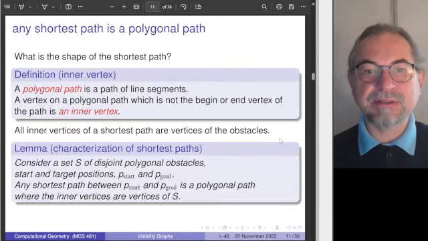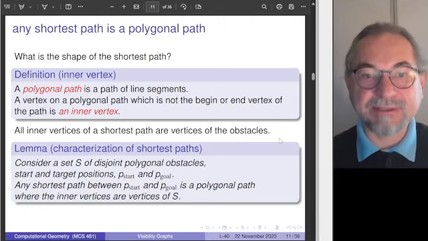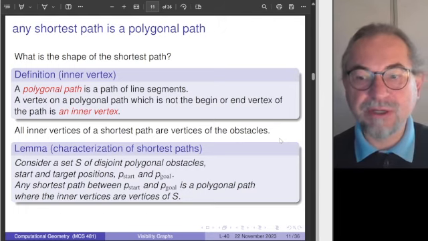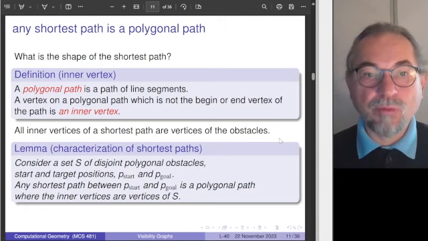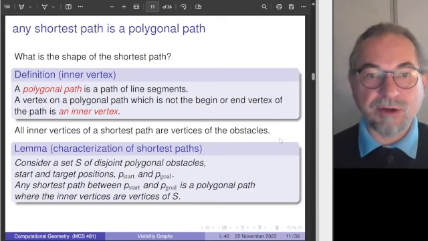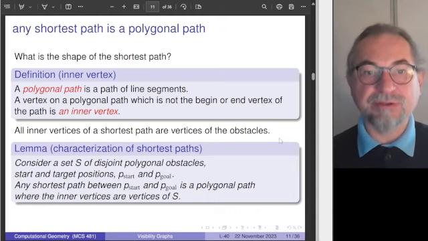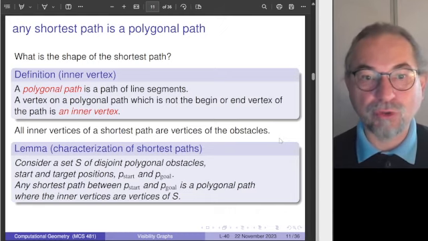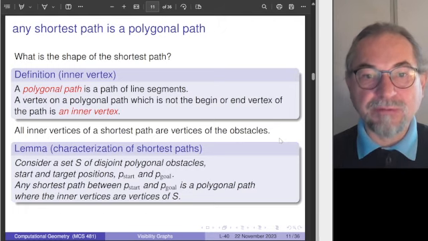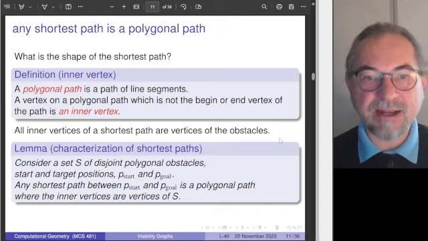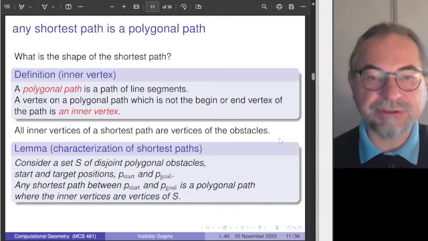So here is the characterization of the shortest path. The shortest path will be a collection of line segments and they connect each other, so it's a polygonal path. So we have the beginning and the end, start and the target, and we have inner vertices.